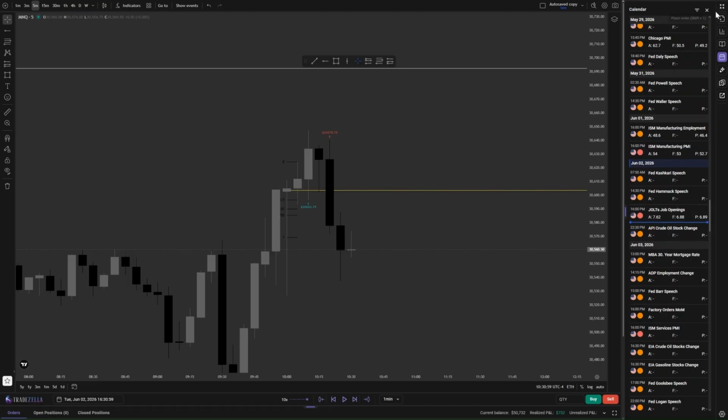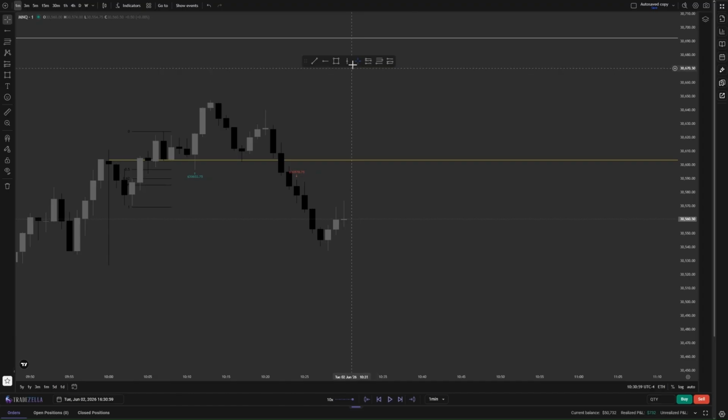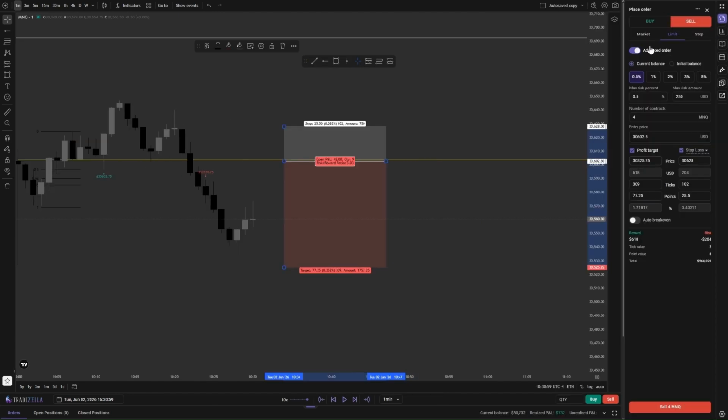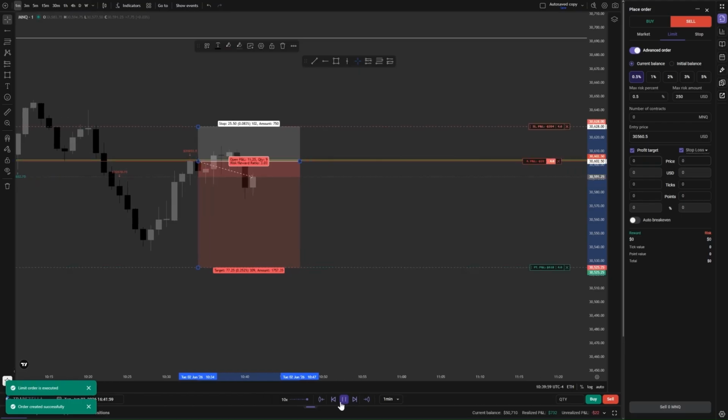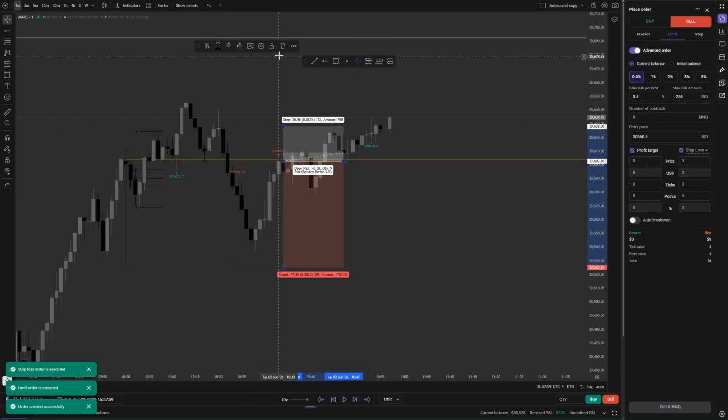Yeah, news wick. So maybe price wants to target that. So we'll see. I can take this 25 points, and the 1, 2, 3 works perfectly fine right here. Okay, that did not work. Then I'm off for the day.